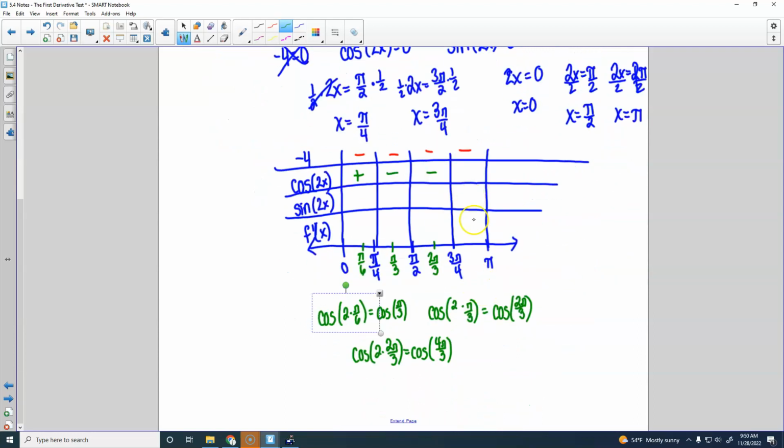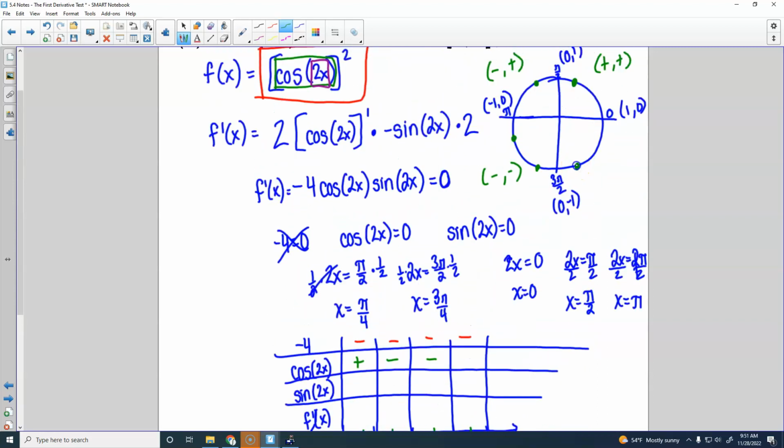And then for the last one, between 3 pi over 4 and pi, you could use 5 pi over 6. And cosine of 2 times 5 pi over 6 is going to give you cosine of 10 pi over 6, which reduces to 5 pi over 3. 5 pi over 3 falls over here. In that quadrant, cosine is positive, so you would have positive there.